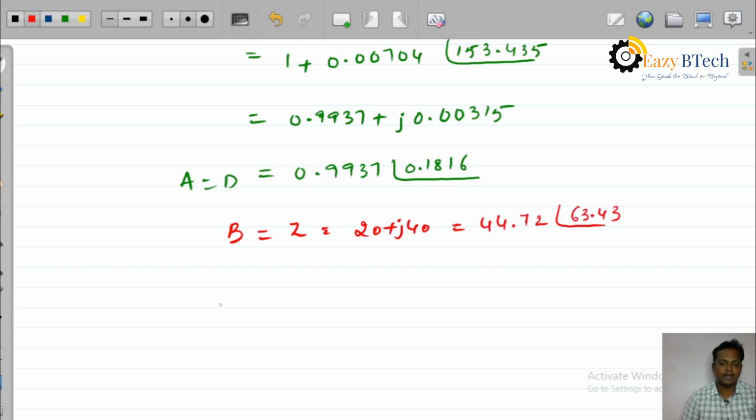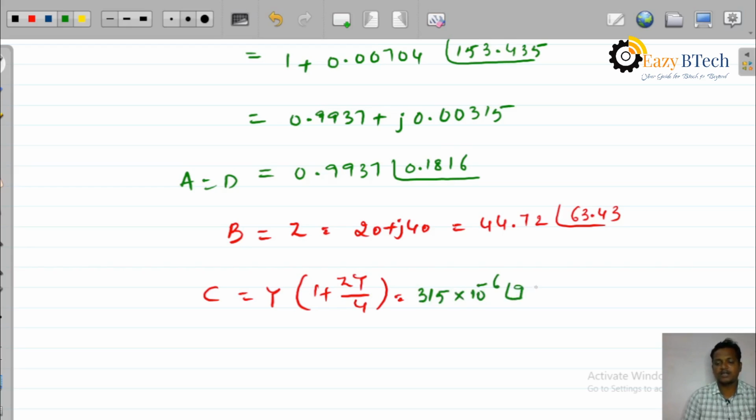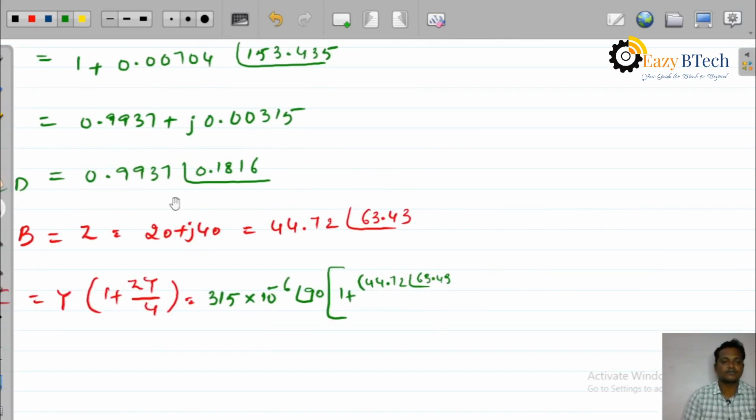C equals to Y into 1 plus ZY by 4. Already we know the value of Y. It is 315 into 10 power minus 6 at an angle 90 into 1 plus 44.72 at an angle 63.43 into 315 into 10 power minus 6 at an angle 90 divided by 2.